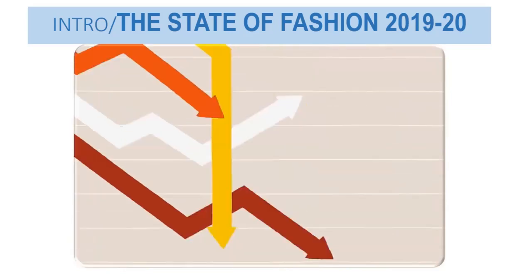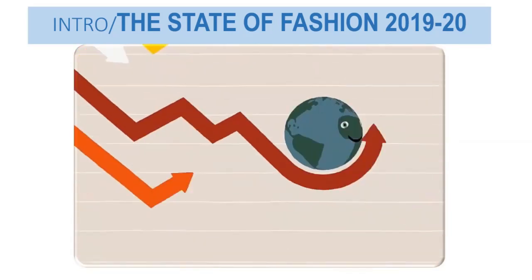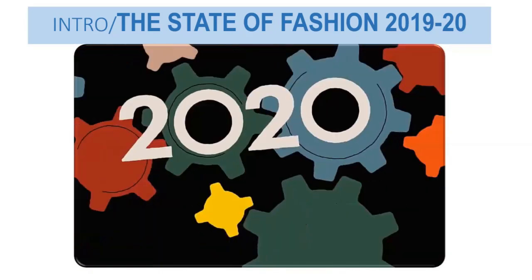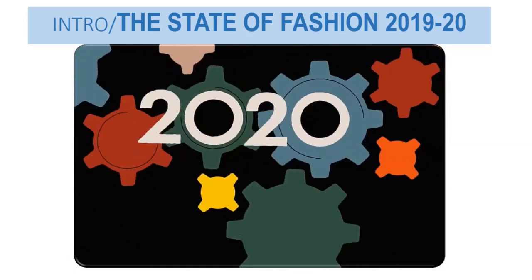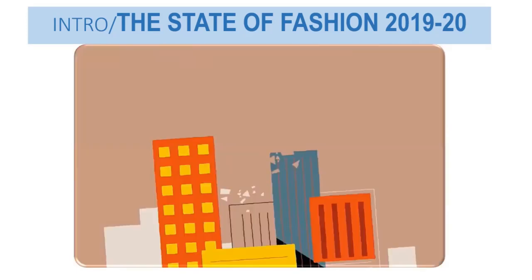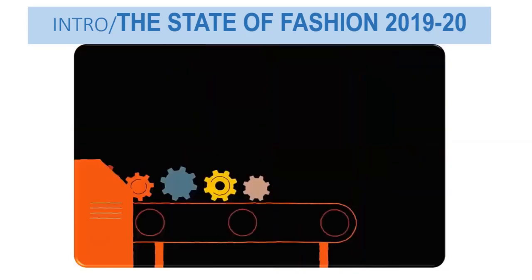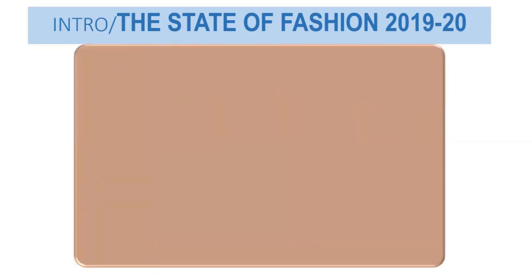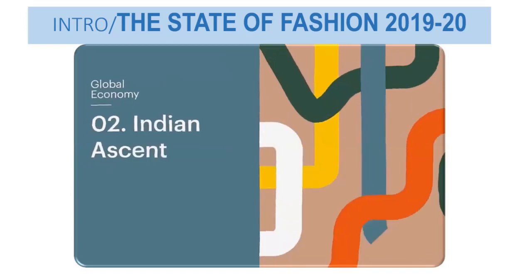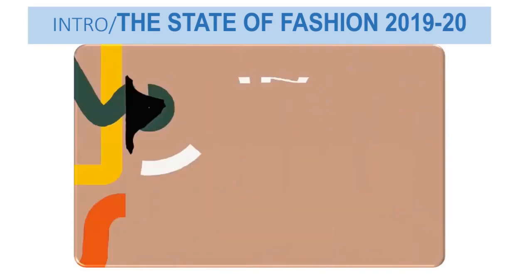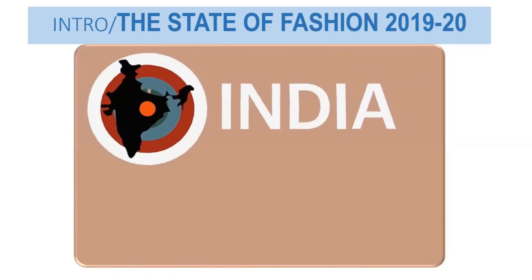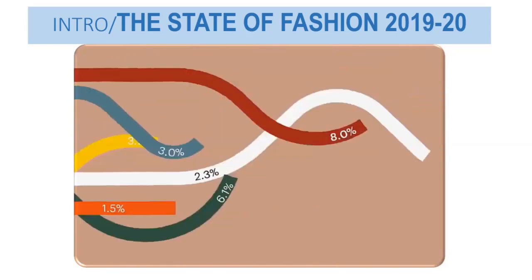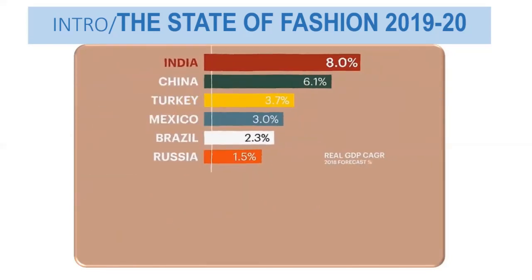Downward economic movement and destabilizing forces will create a more cautious mood. With a possible global economic slowdown by 2020, companies will start to look more aggressively at ways to boost productivity. India will become a focal point as its manufacturing sector grows and middle-class population continues to swell.